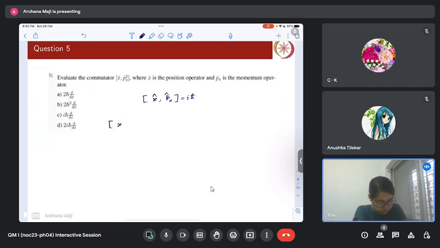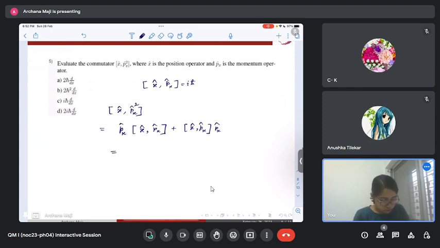So X, P squared. You can write it as plus, and XP is iħ.